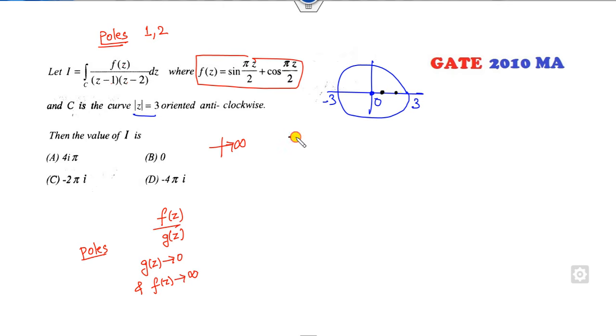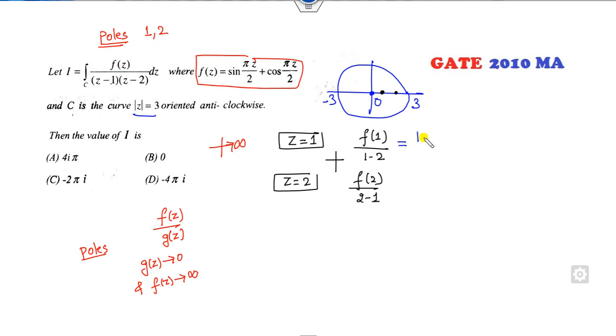Now corresponding to z is equal to 1, I can substitute the value everywhere apart from this 1. So it is f of 1 over 1 minus 2. What is the value corresponding to z is equal to 2? It is f of 2 over 2 minus 1. So the final answer will be, I can add that and multiply by 2 pi iota. What is the value of f of 1? If I substitute here, sine pi by 2 is 1, cos pi by 2 is 0, over minus 1.